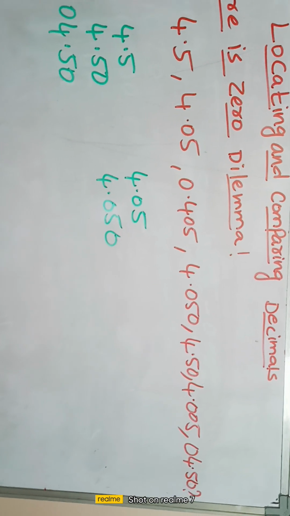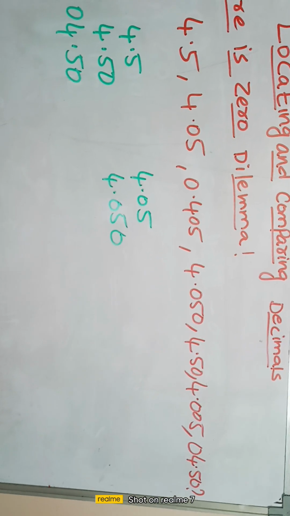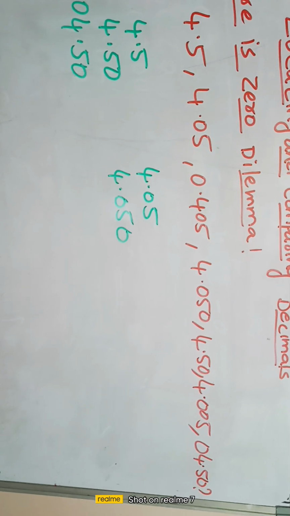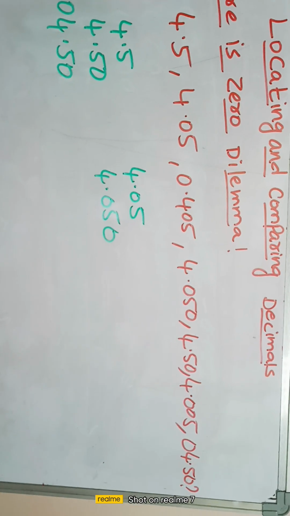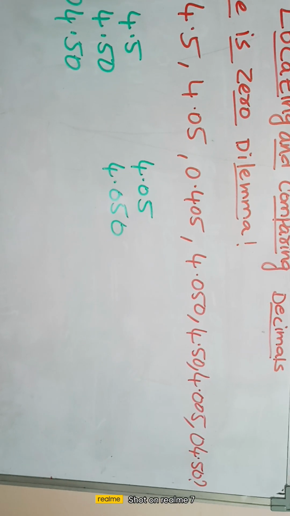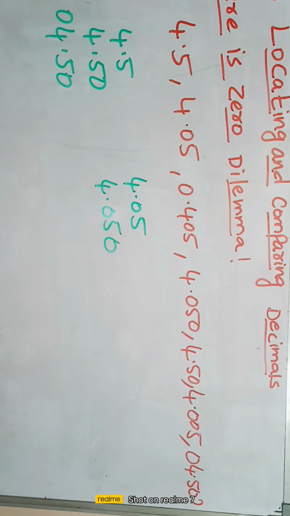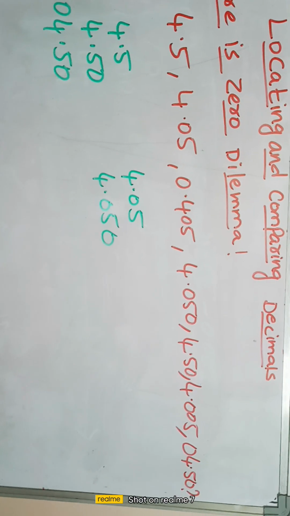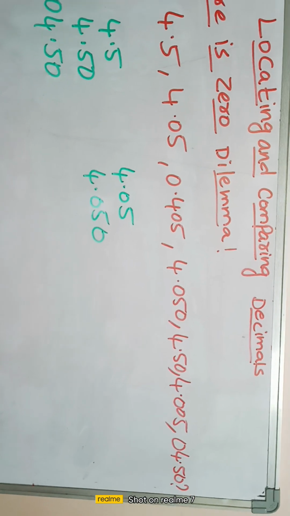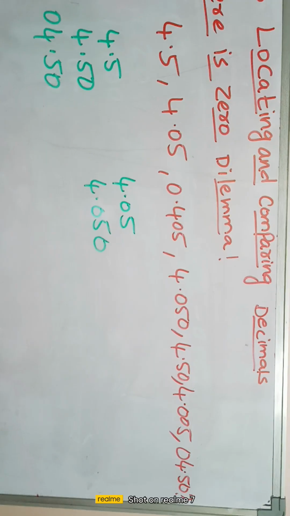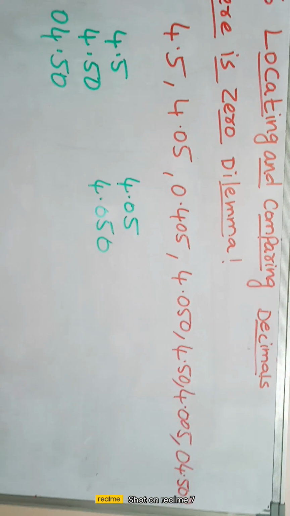So 4.5 and 4.50 are in the same group, and 4.05 and 4.050 are in another group. But 4.05 and 4.005 are not the same; these are different, because the digit's place is different. Zeros at the end are not valuable. So they are in this order.